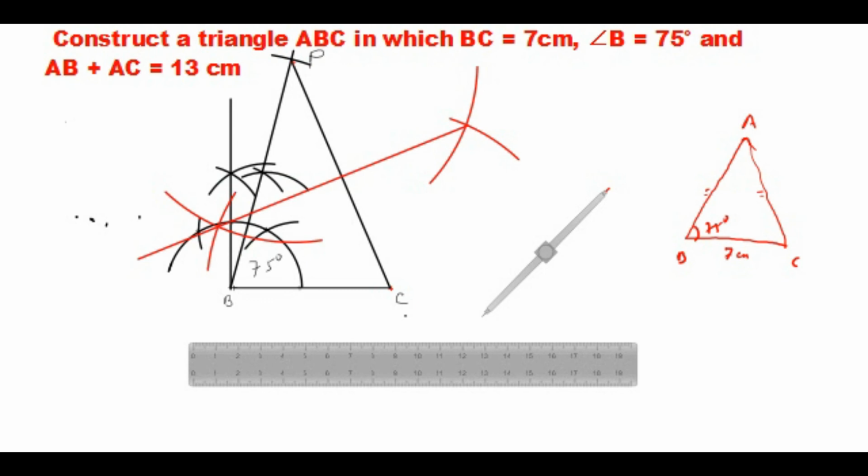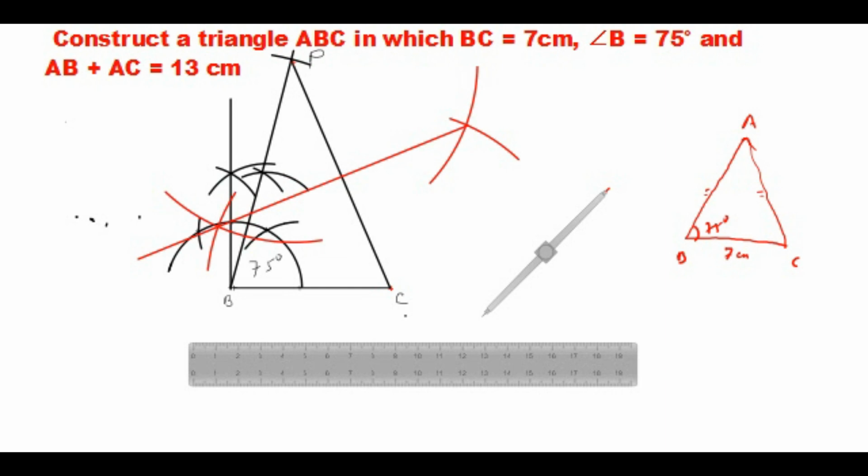So this is the perpendicular bisector of PC. Now this perpendicular bisector of PC intersects this line segment PB at this point. So this point of intersection is considered as the point A.